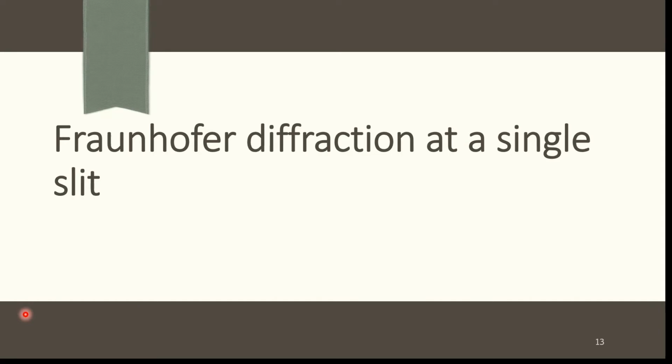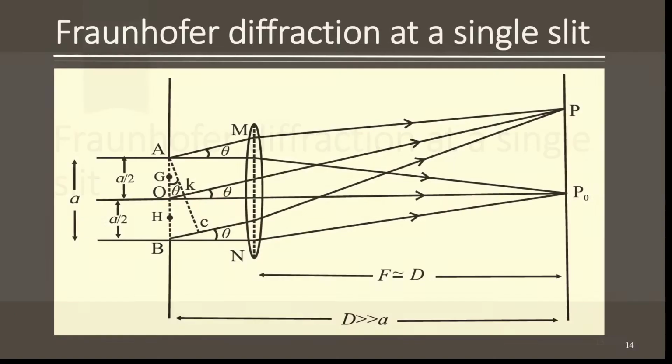Let us discuss Fraunhofer diffraction at a single slit. See the figure. The cross section of a plane wavefront YY' as shown in the earlier figure is incident on a single slit of width AB.